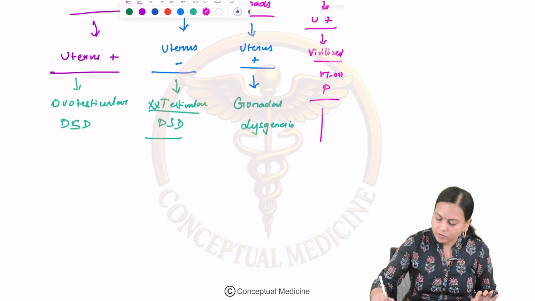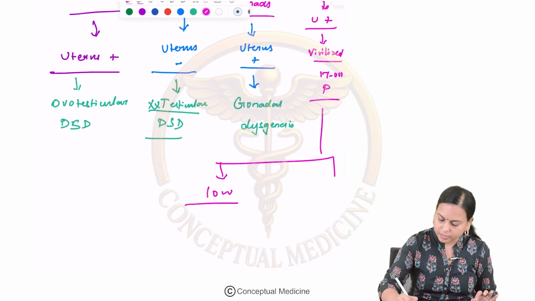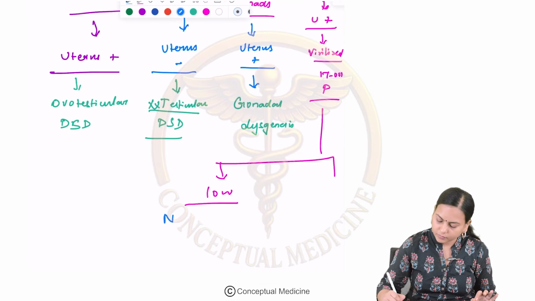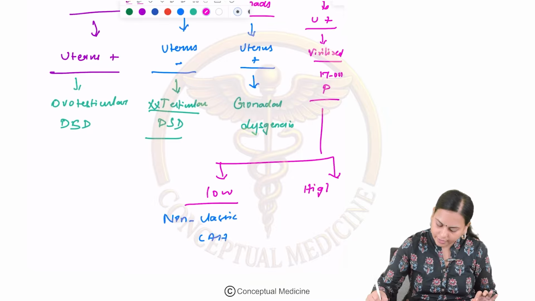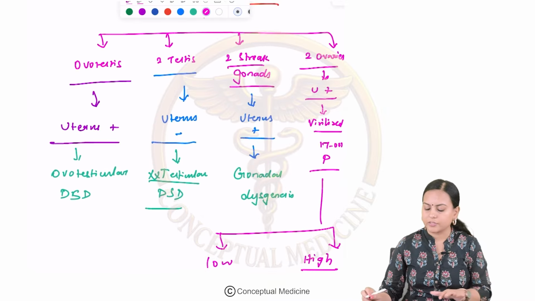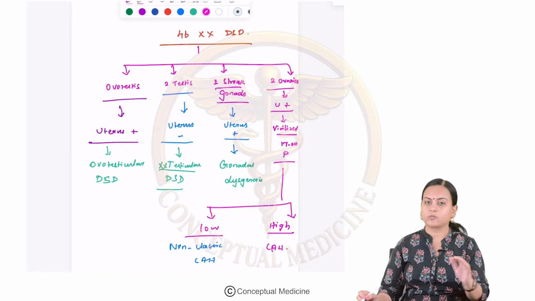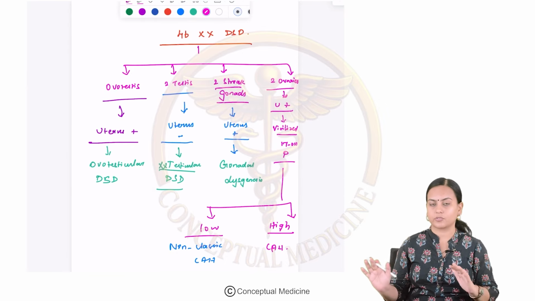If the 17-hydroxyprogesterone levels are low, then it is going to be a non-classic type of congenital adrenal hyperplasia, and suppose if these levels are high, then they are going to be a classic type of congenital adrenal hyperplasia. Okay. So, this is how you come to a diagnosis with 46XX disorder of sexual development.